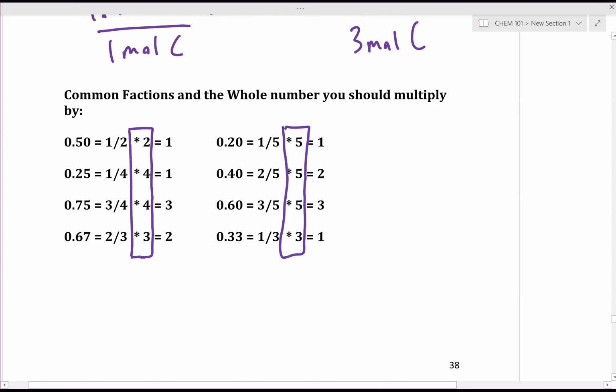So for example, if you see 0.33 as your decimal, that corresponds to a fraction of what? 1/3. So what should we multiply by? 3. If we see a decimal of 0.5, that corresponds to 1/2, and we should multiply by 2.